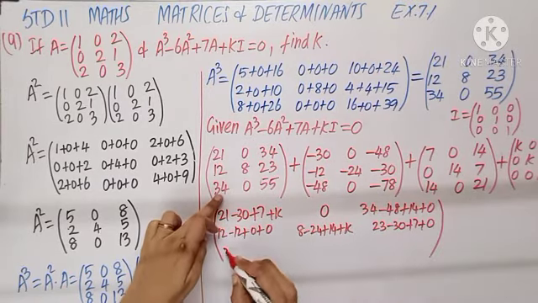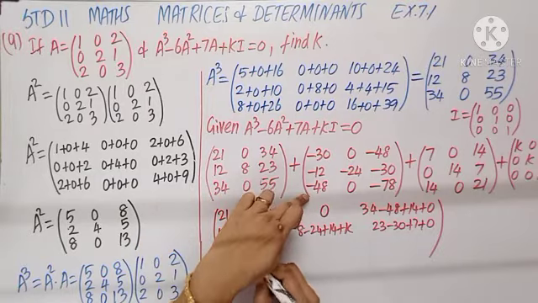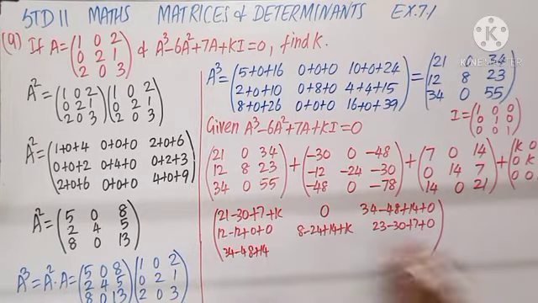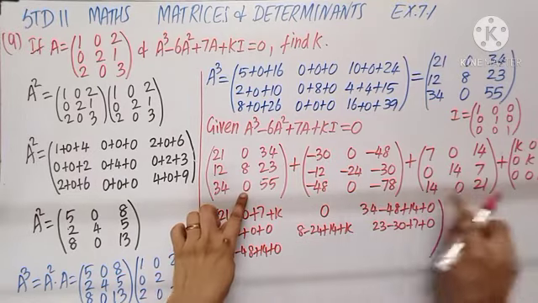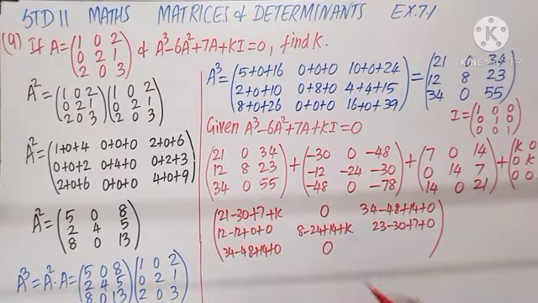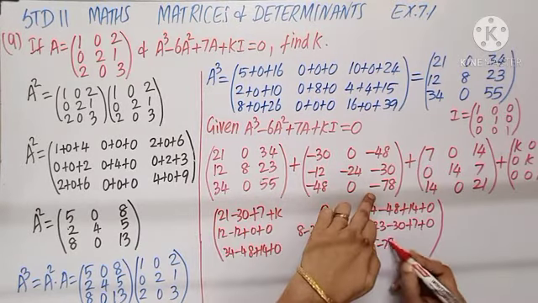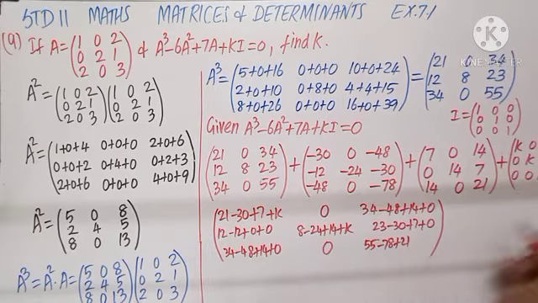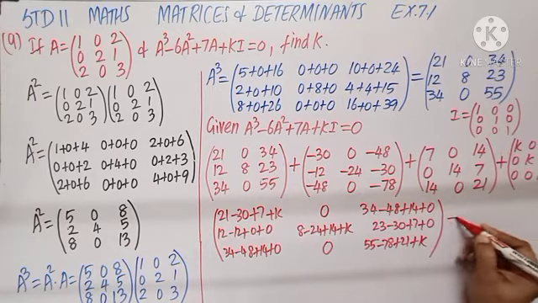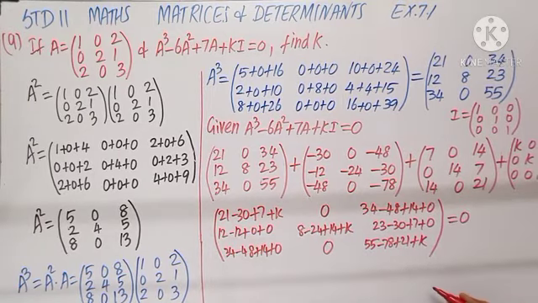Third row 34 minus 48 plus 14 plus 0. All the second entries are 0, 0, 0, 0. So just put 0. Third entry is 55 minus 78 plus 21 plus K, and this is equal to 0.